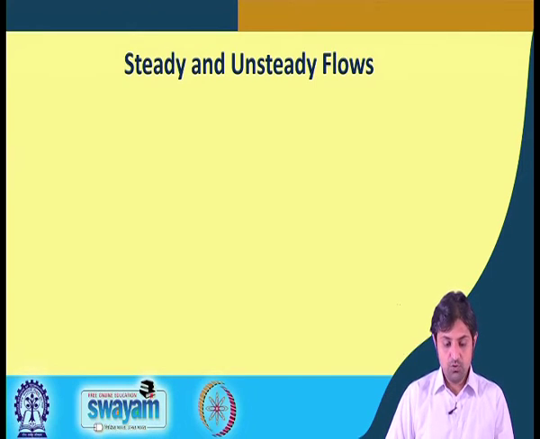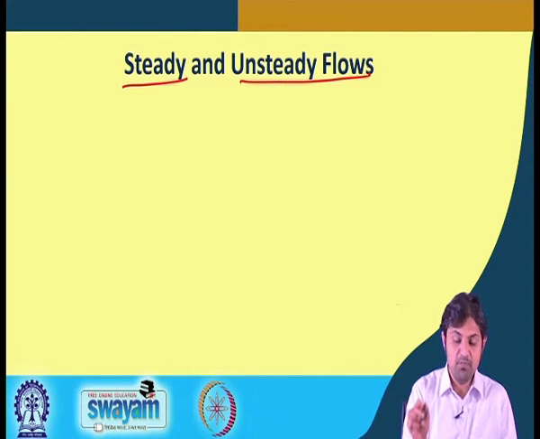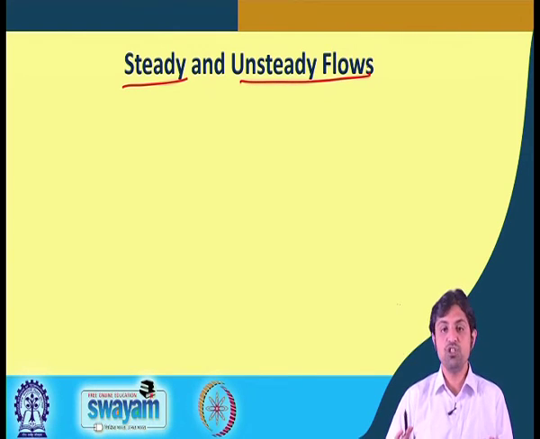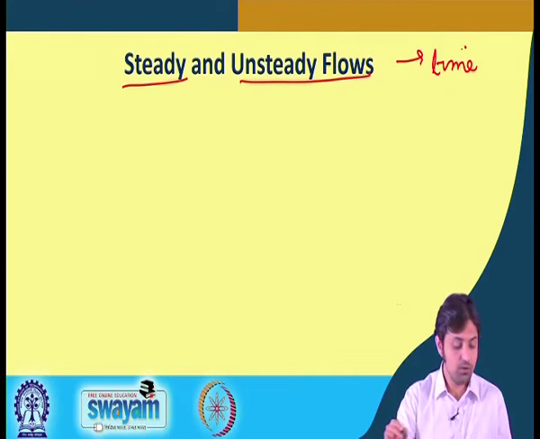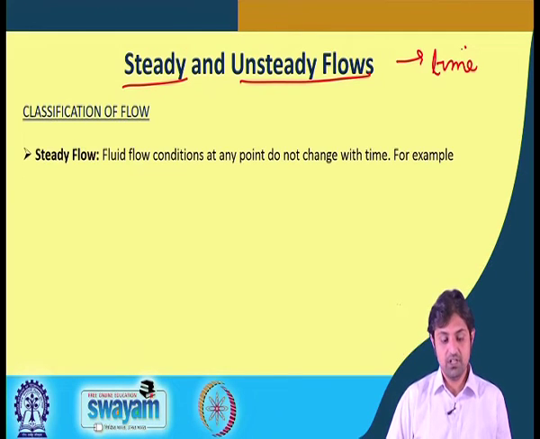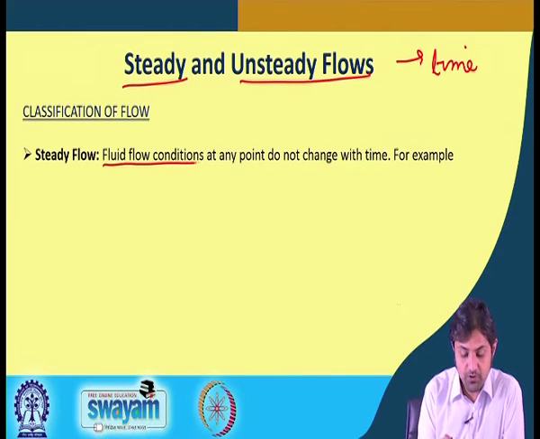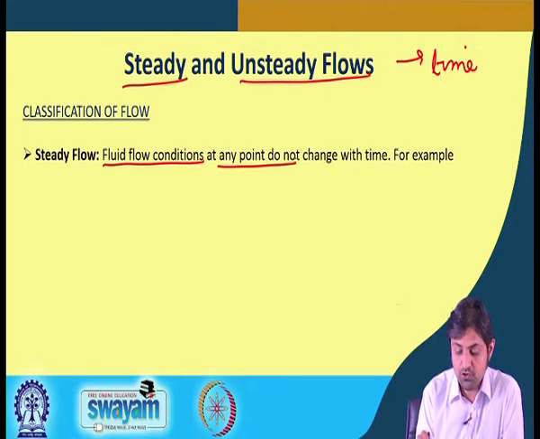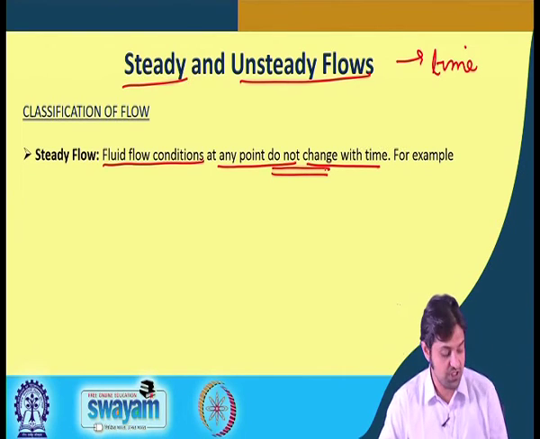As you know from before, probably from your fluid mechanics class, in steady and unsteady flow the main distinguishing component should be time. One classification of the flow is steady and unsteady. In steady flow, the fluid flow conditions at any point do not change with time. This is very important, do not change with time.